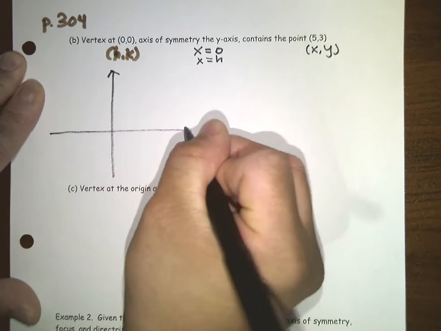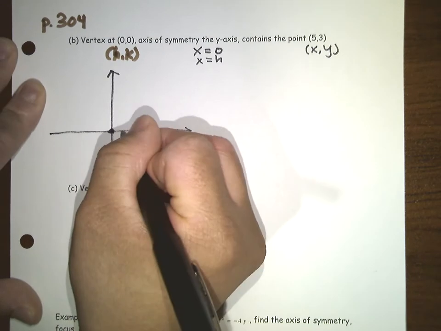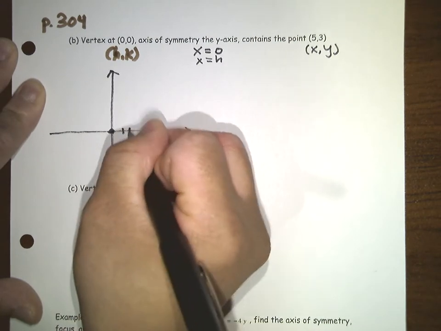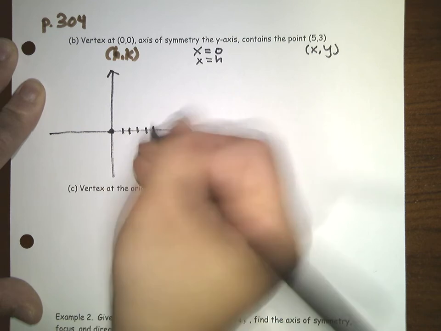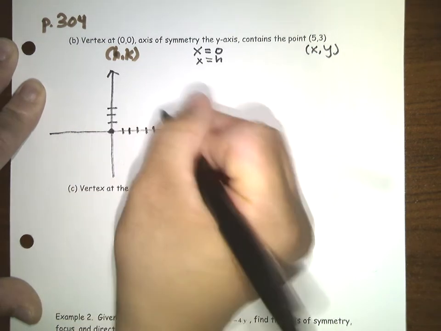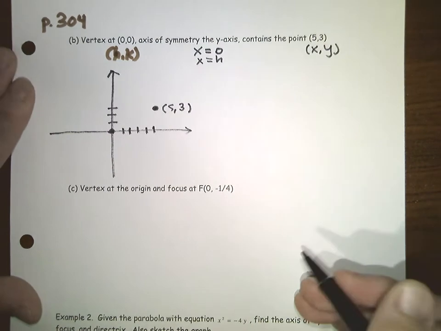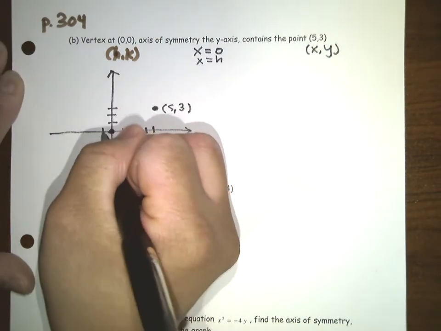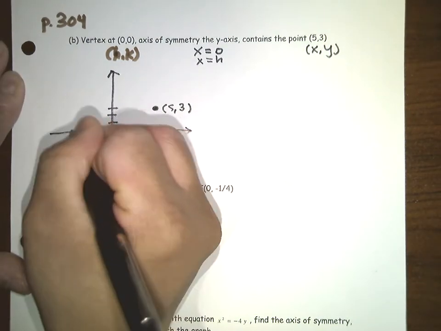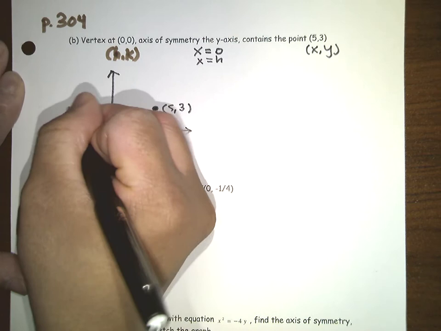All right, so here we go. Here is (0, 0), and here is 1, 2, 3, 4, 5, and 1, 2, 3. So here is (5, 3). But I know this is symmetric, so I have a point at (-5, 3).